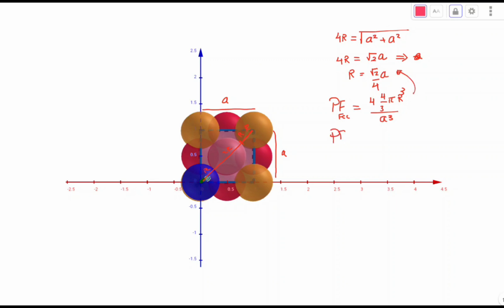So the packing fraction equal to 4 over 3 pi times square root of 2 over 4 A cube over A cube. You do the math, you will find that the packing fraction for the FCC structure is 0.74, and remember this is the maximum packing fraction you can get.